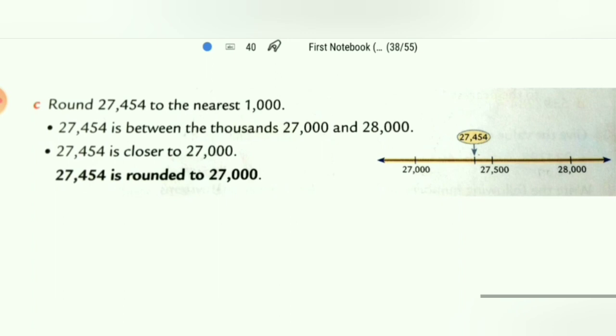Now our number is 27,454. So this will come in the previous one, that is 27,000. Now the answer is 27,454 is rounded to 27,000. It is completed.